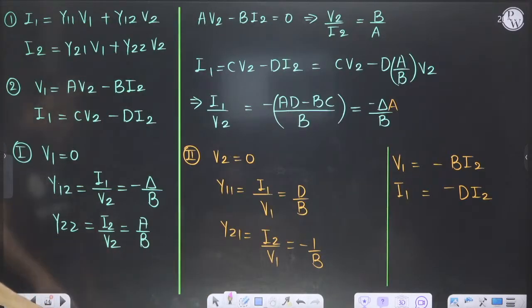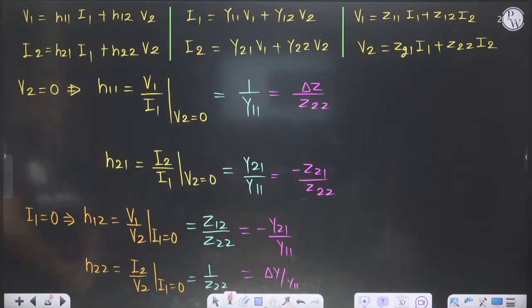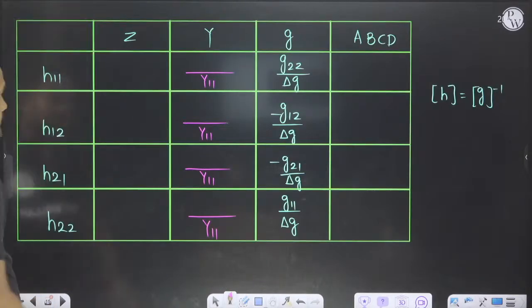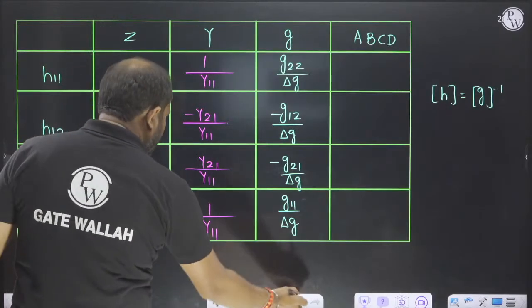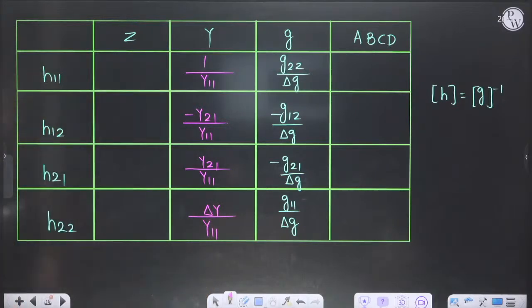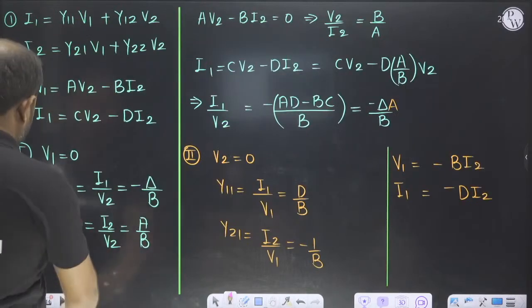Then we have H11, H12, minus Y21, Y21 and delta Y. I will check. Oh, okay, I have done wrong here.